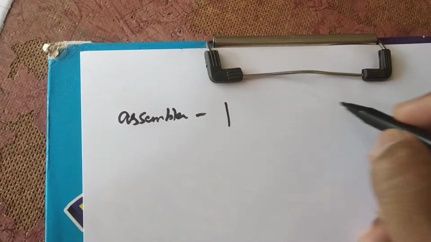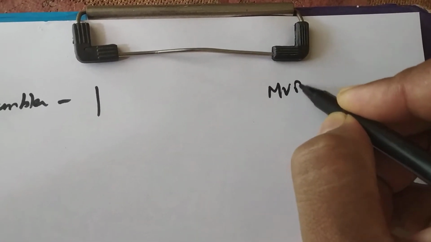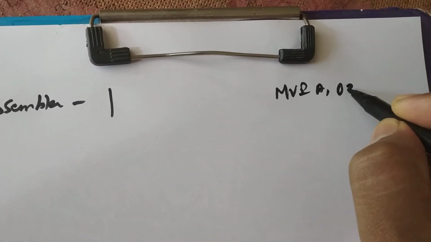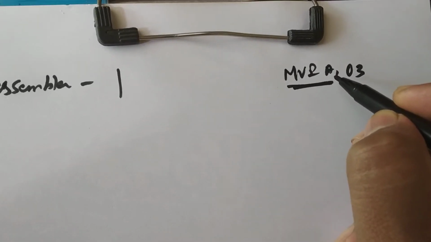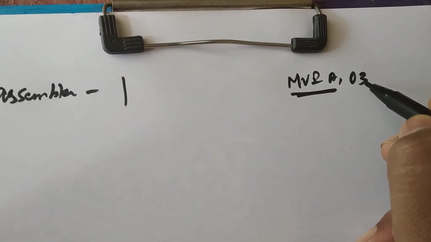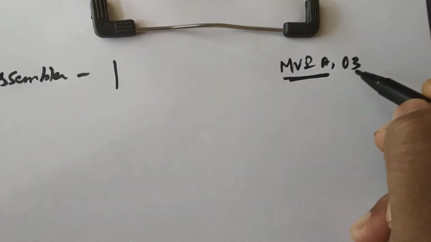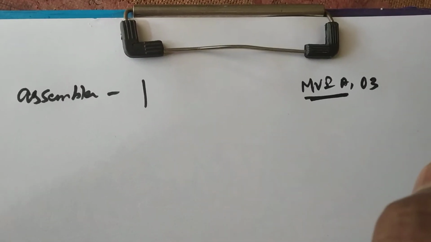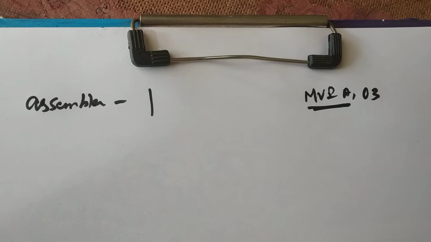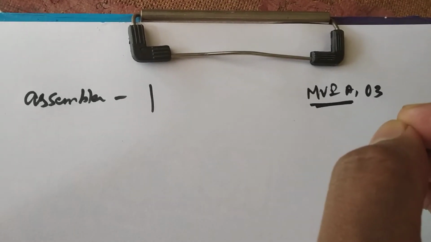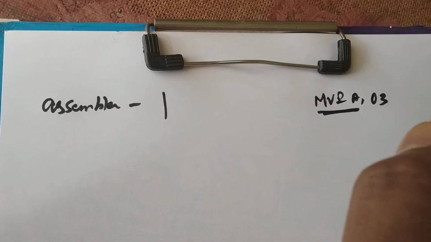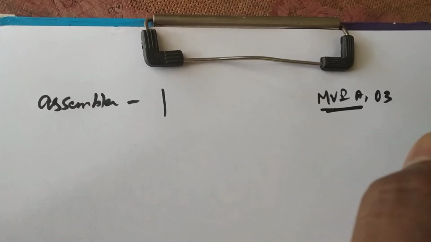You remember that I wrote here move immediate A with some data. So I understand that I am moving data to a register A, and the data is 03. This is premature information that a user is able to understand, but it needs to be understood by a technical person alone. It can't be understood by a layperson.